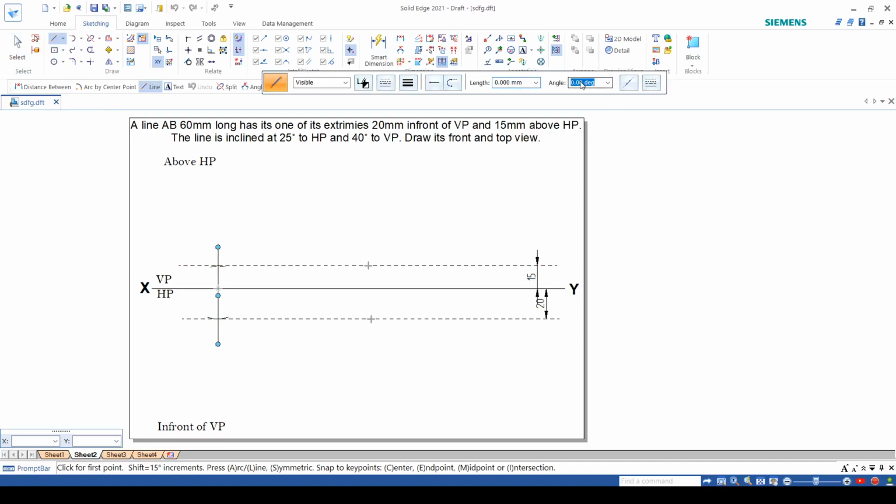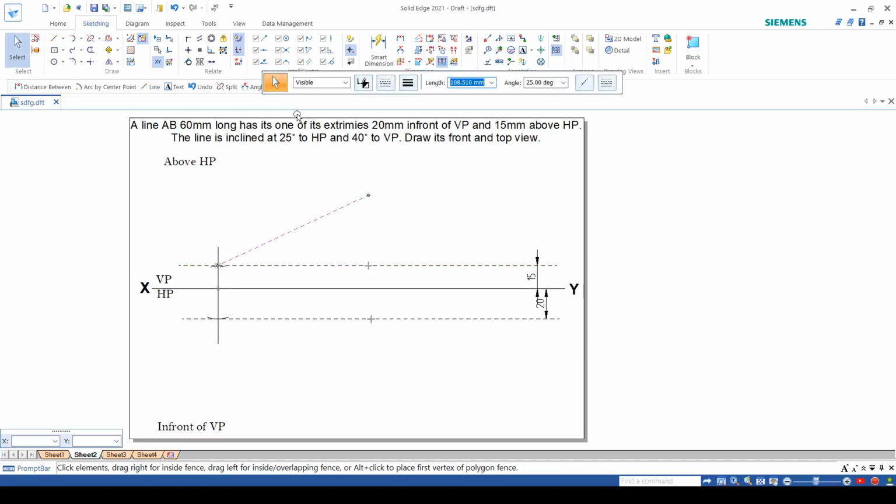With 25 degrees, so this is the 25 degree line.